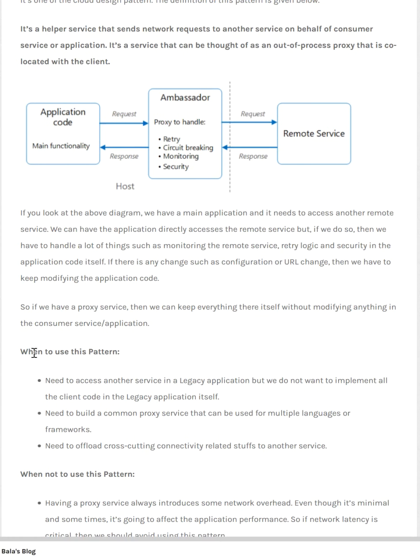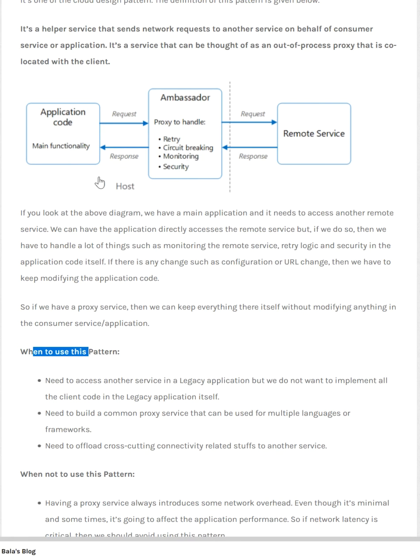So when to use this pattern? If you have a legacy application, and you want to make some changes here to access the remote service, then you can think of having a proxy service. So we have less code, fewer changes here, and you can maintain the proxy service separately. If there are any changes to this proxy service, you can just do it here.